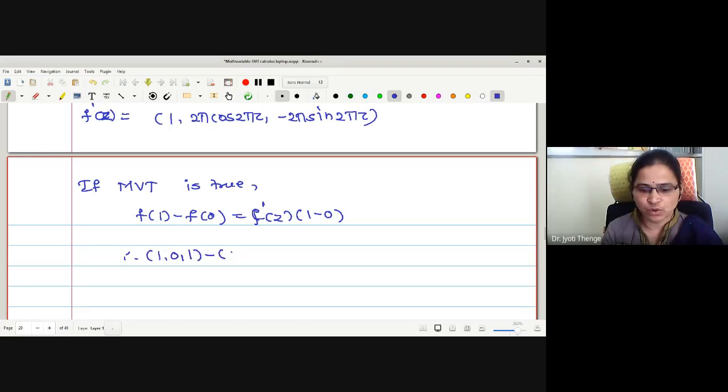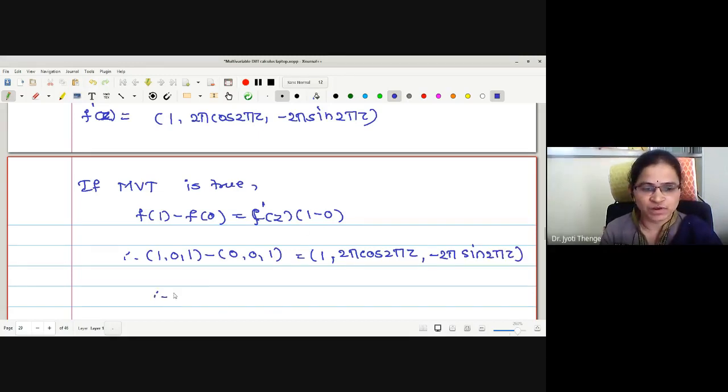What is F0? (0, 0, 1). Into f dash of z. We have calculated f dash of z as (1, 2 pi cos 2 pi z, minus 2 pi sin 2 pi z). Okay, 1 minus 0 is 1.